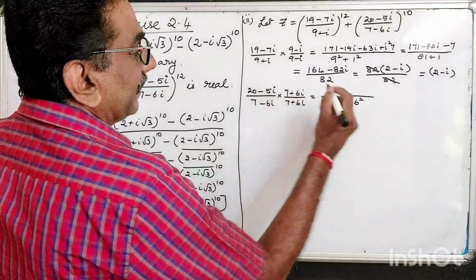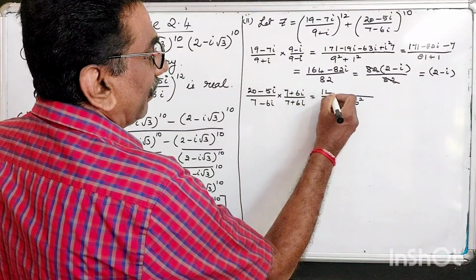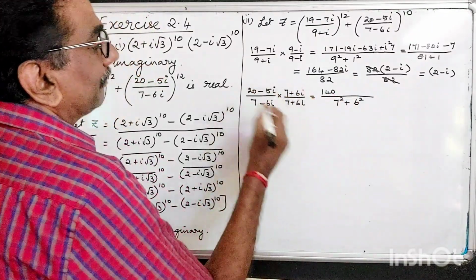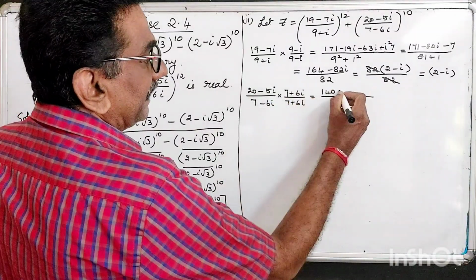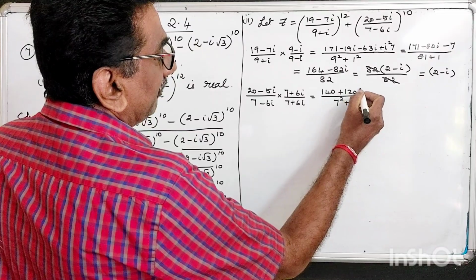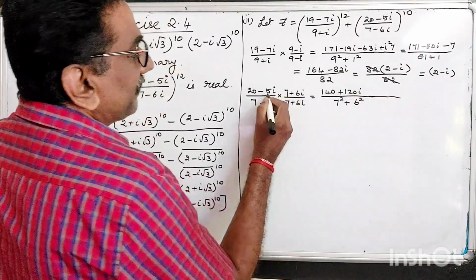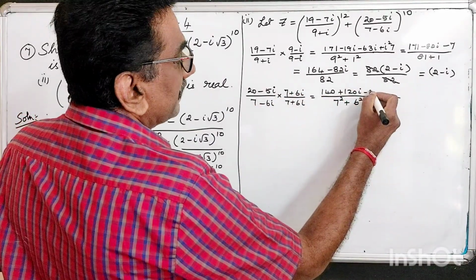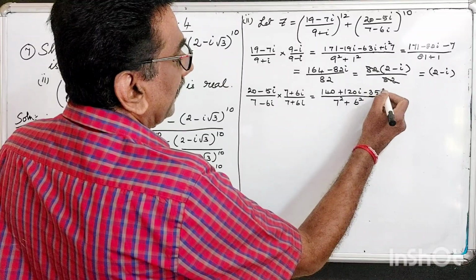Right. 20 into 7, which is 140, ordinary horizontal multiplication. 20 into 6i plus 120i. Minus 5 into 7 minus 35i.